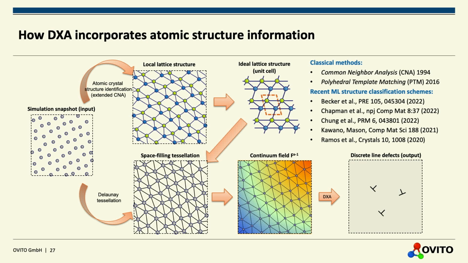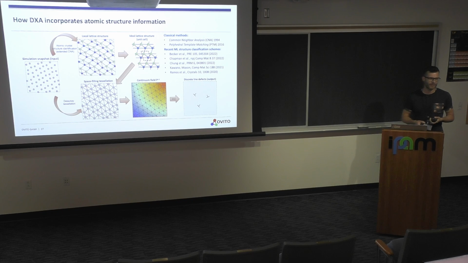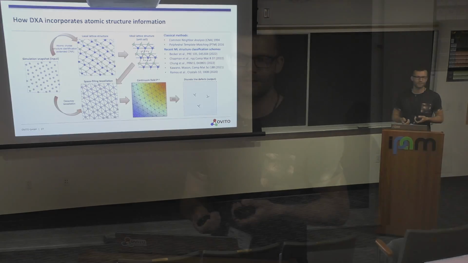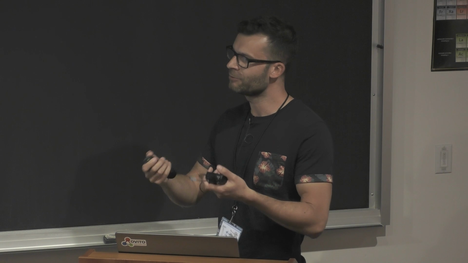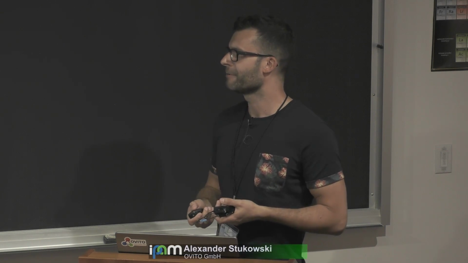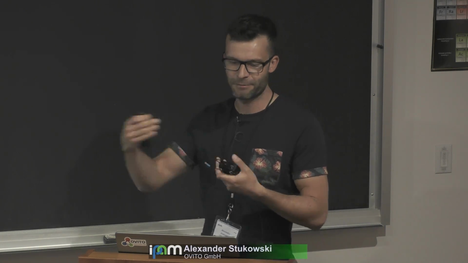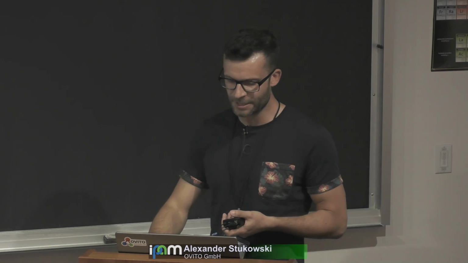But modern approaches, like this one here, are capable of classifying more complex atomic structures. And we want to incorporate maybe some of these methods. But right now they are not suitable yet for DXA because they do not provide a mapping of neighboring atoms to ideal lattice directions. So that's something that needs to be developed first.